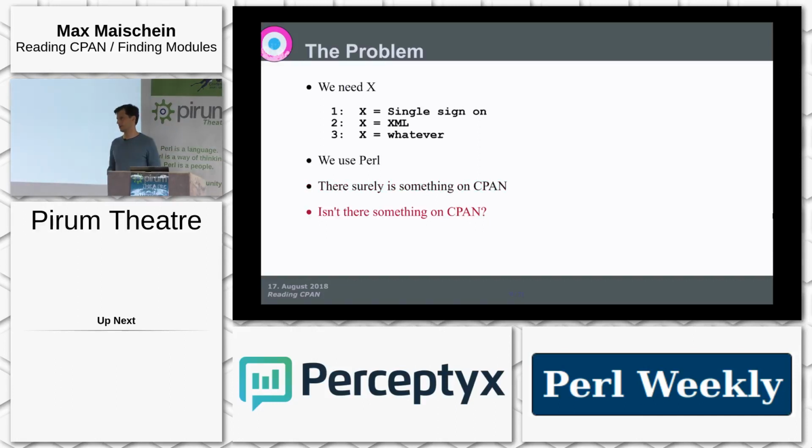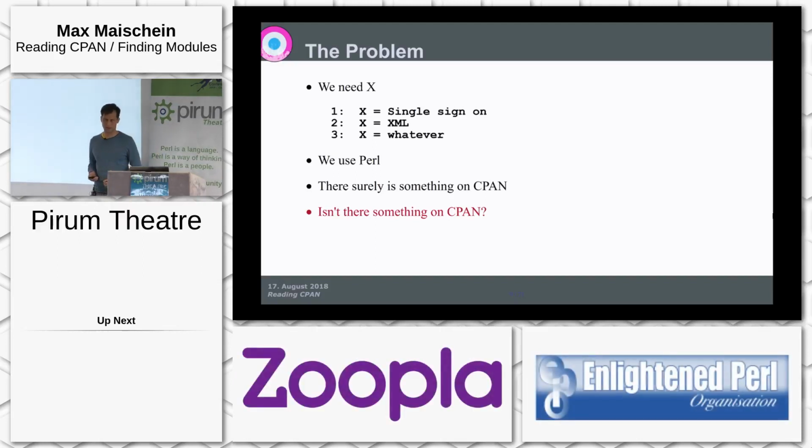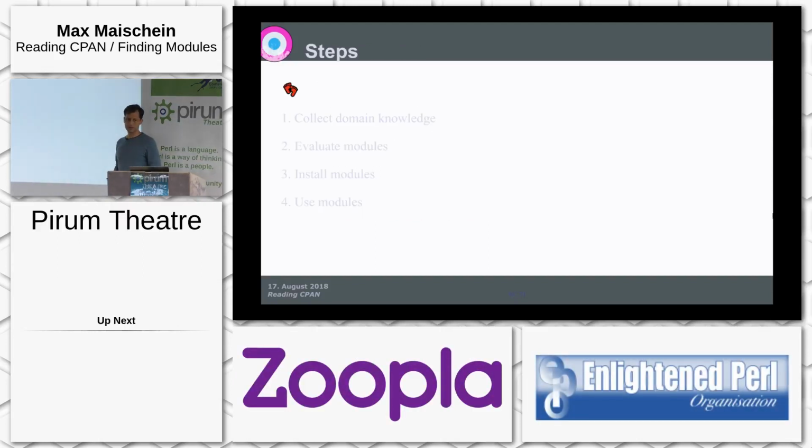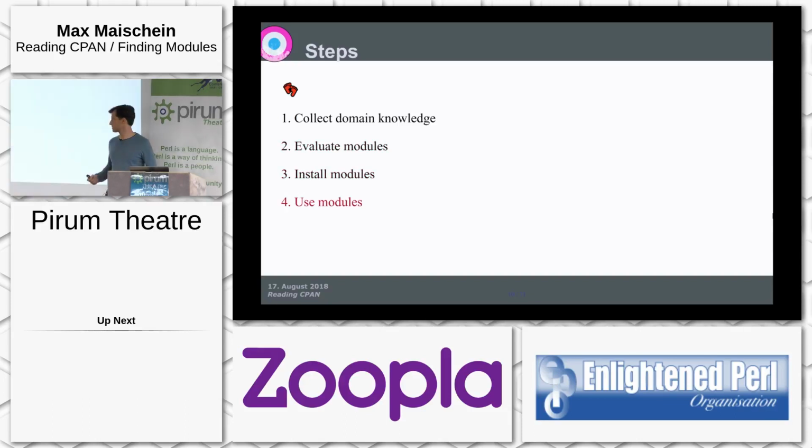Or the question that you ask yourself is, isn't there something on CPAN? The basic steps I found very useful are to collect domain knowledge about whatever problem you are encountering. Then to evaluate the modules, install the modules, and hopefully then also use the modules you've installed.